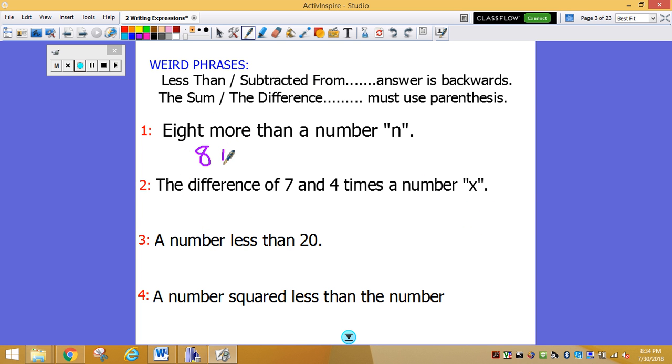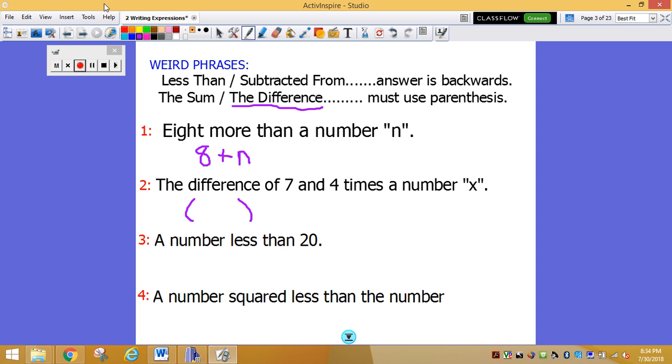So we're going to put plus. A number in. So it says instead of a number, we're going to use an n. So this is 8, more than means plus a number n. All right. Difference. Remember, if you look right here, difference is special. There's two things you need to remember. We're going to use parentheses.